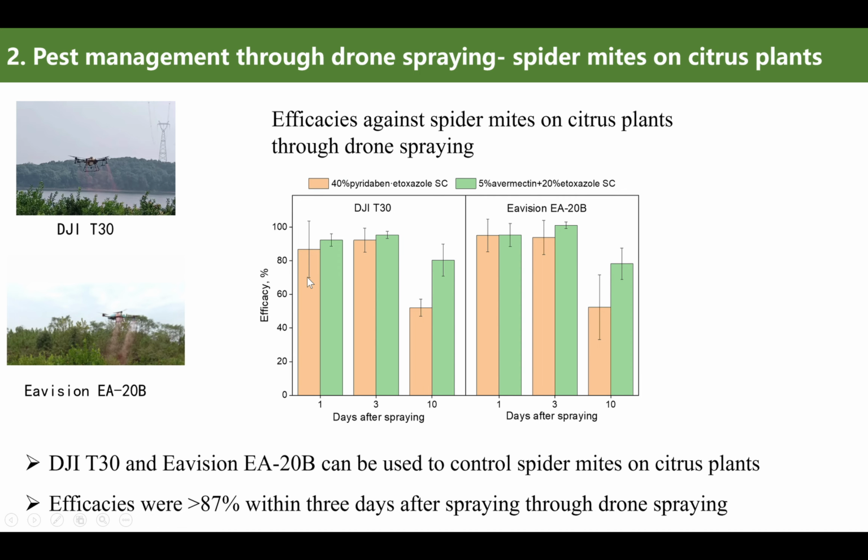You can see different colors, different formulations. You can see either of these 2 drones can be used to control spider mites on citrus plants. And the control effect was more than 87% within 3 days after spraying.